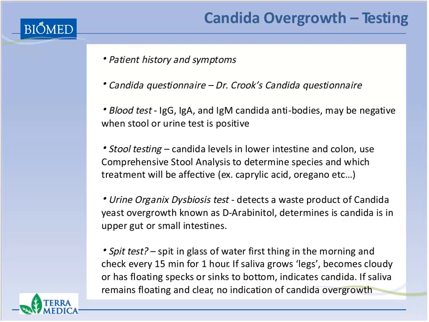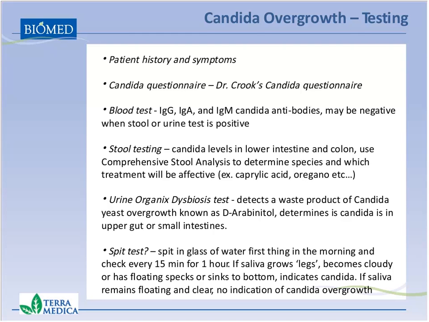This also helps to determine the species and which treatments will be most effective. They're looking at herbal type things like oregano or caprylic acid. You can use the urine organics dysbiosis tests, which look for waste products of Candida overgrowth in the urine.